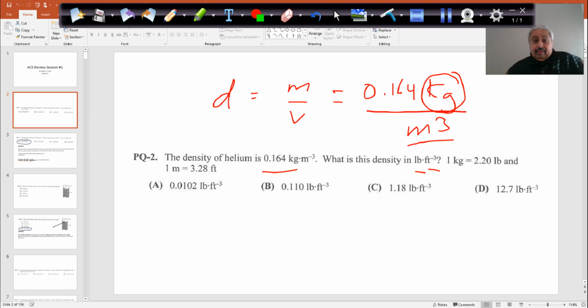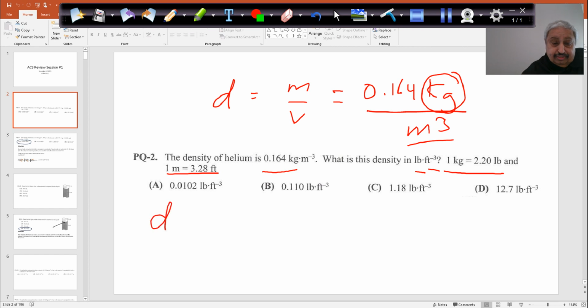So the whole information given to you is 1 kilogram is 2.2 pound, and 1 meter is 3.28 foot. So let's start.